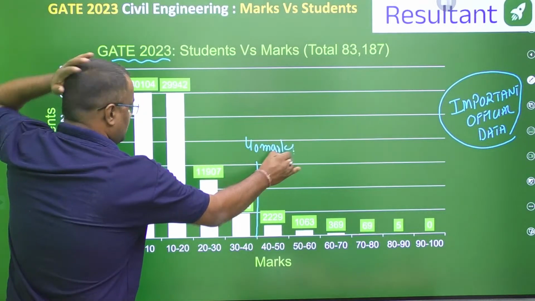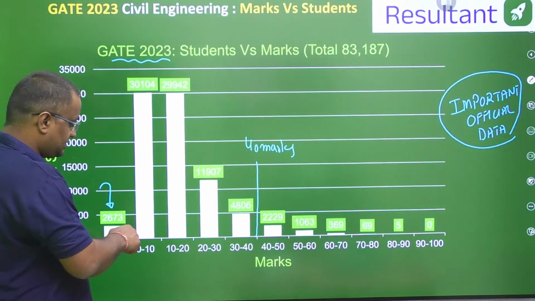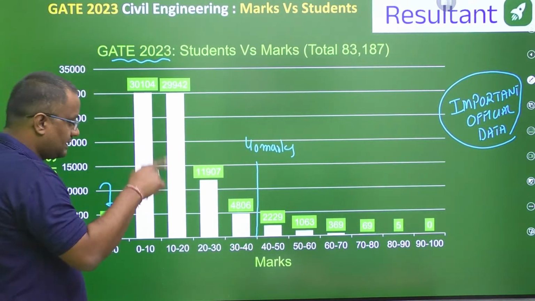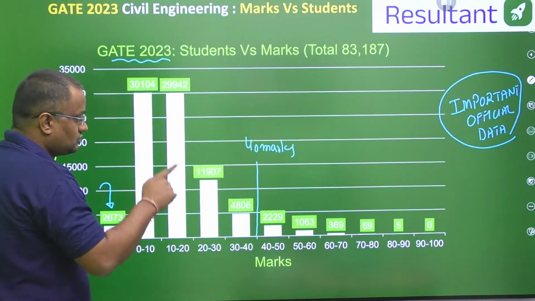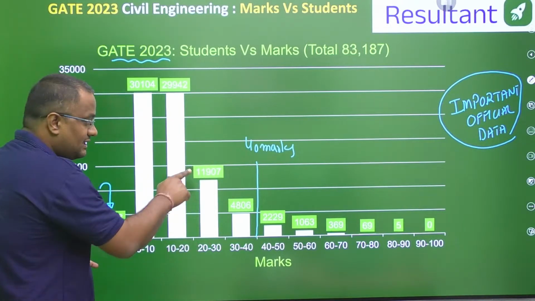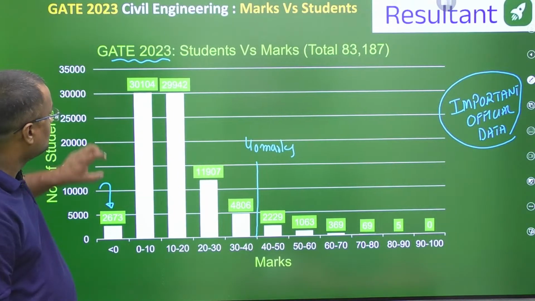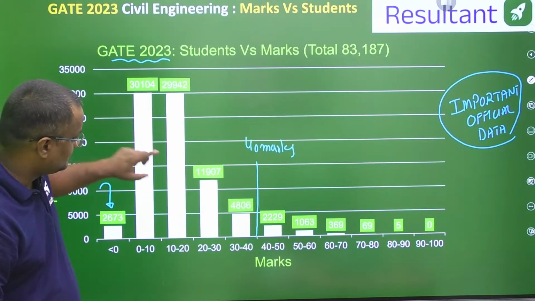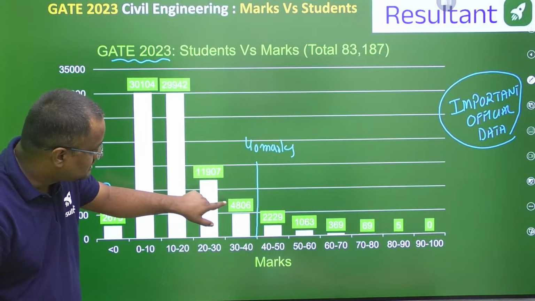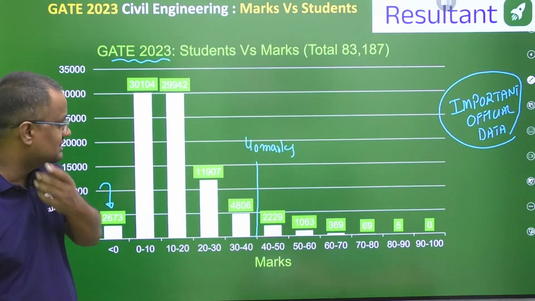Negative marks is 2,600 students, 0 to 10 marks, 30,000 students, 10 to 20, 29,000 students, 20 to 30 marks out of 100, 11,000 students, 30 to 40, 4,800 students. If you combine this, 30 and 30 around 60, 71, 75, around 76,000.